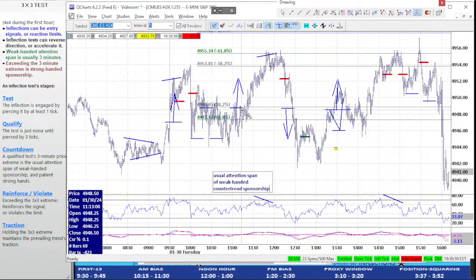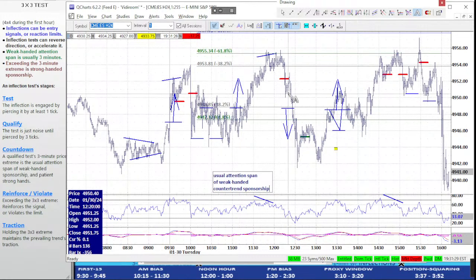If this is going to be exceeded by a certain amount for a certain amount of time, then buyers are in control. And the counter-trend sponsorship is sellers. Now, how do we know who's weak-handed and who's strong-handed? We definitely want to know who's strong-handed because that's usually who's going to win the tug of war.